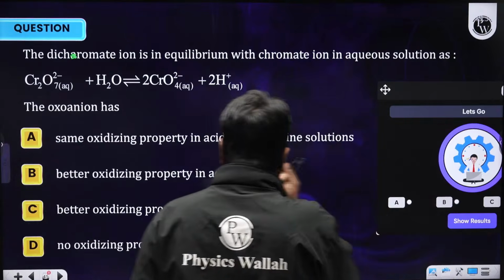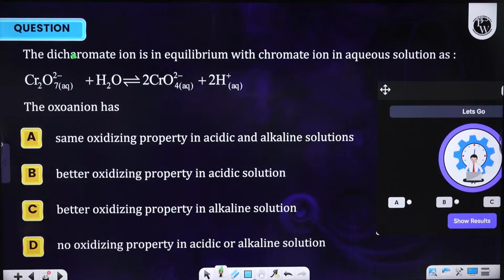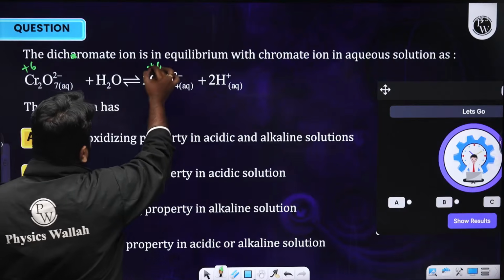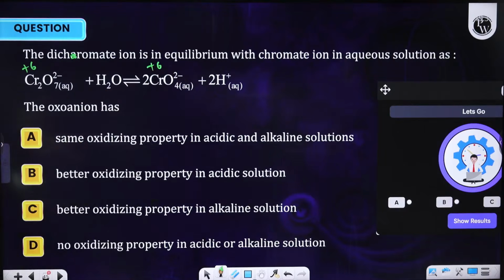Think what is the change of oxidation state happening, my dear students. Cr2O7 2-: 14 minus 2 is 12, divided by 2, plus 6. Here also we will be having +6 state in acidic medium.